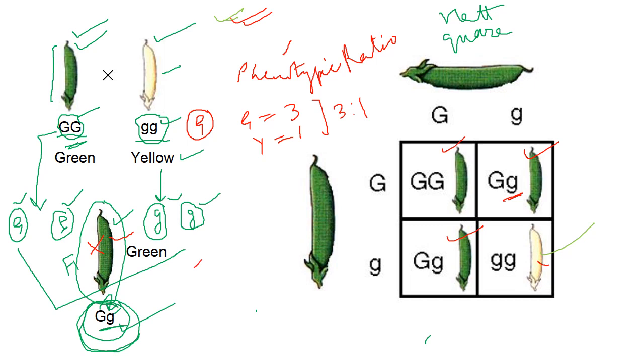Now if we look at the genotypic ratio, GG is only once, so it will be 1.